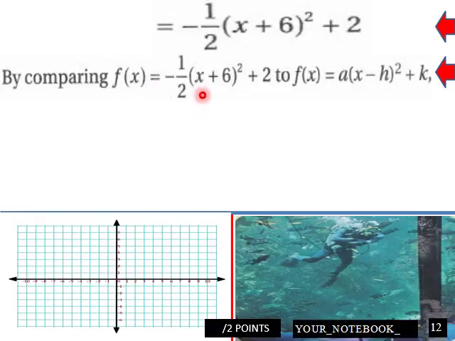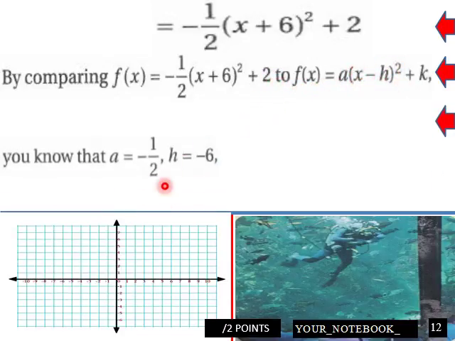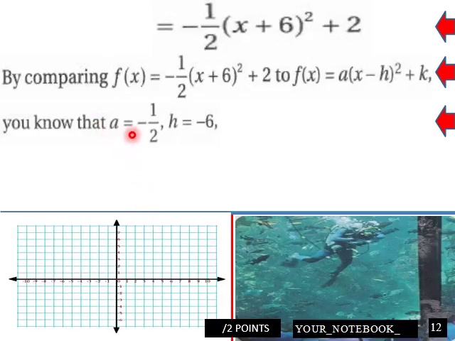By comparing f of x equals negative 1/2 times the quantity x plus 6 squared plus 2 to f of x equals a times x minus h squared plus k, you know that a equals negative 1/2 and h equals negative 6, which is right here. This is the negative of h, which is negative 6.